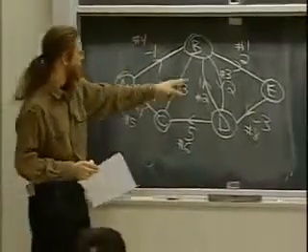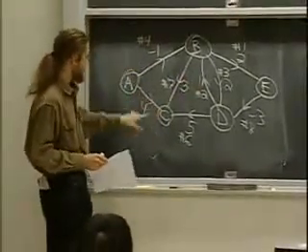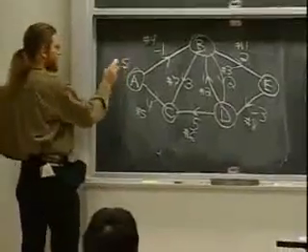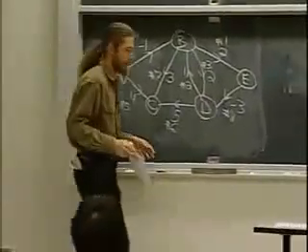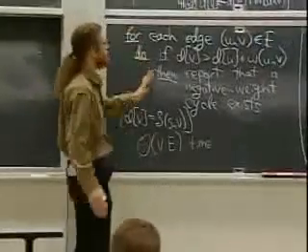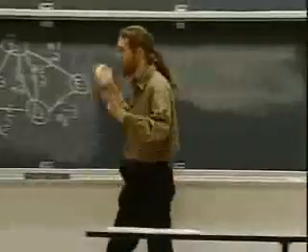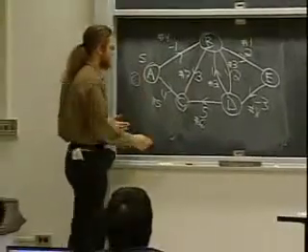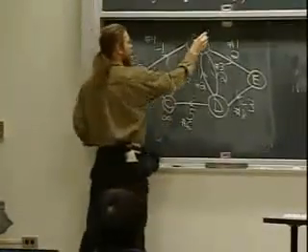1, 2, 3, 4, 5, 6, 7, 8. And my source is going to be A. And that's it. So I want to run this algorithm. I'm just going to initialize everything. So I set the estimate for S to be 0 and everyone else to be infinity.